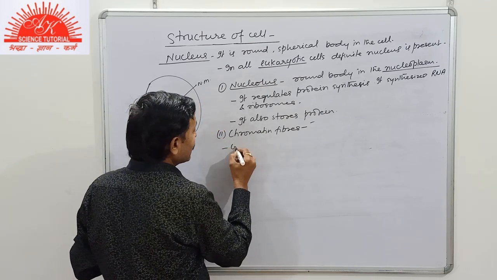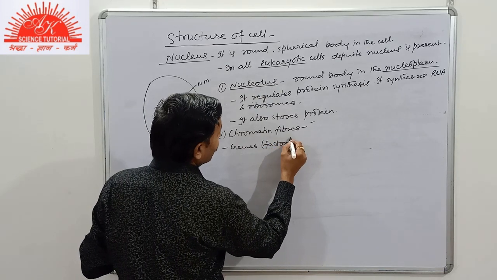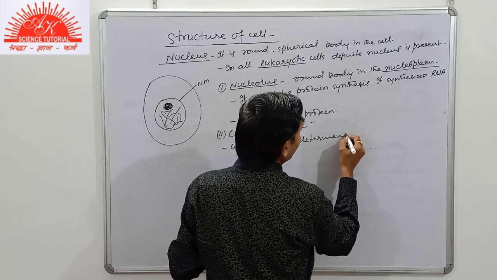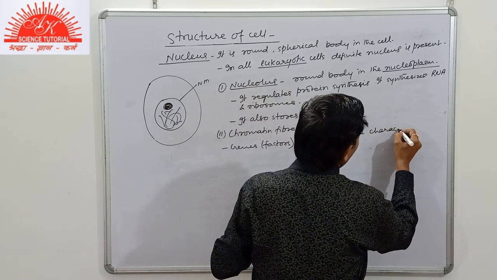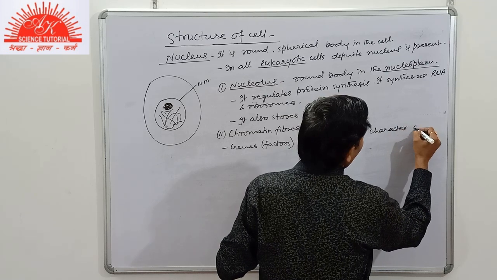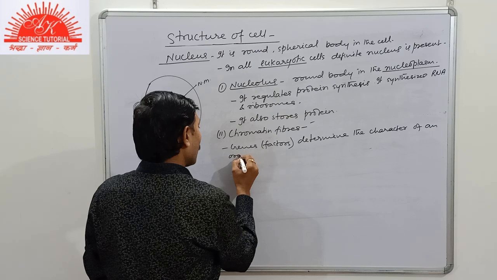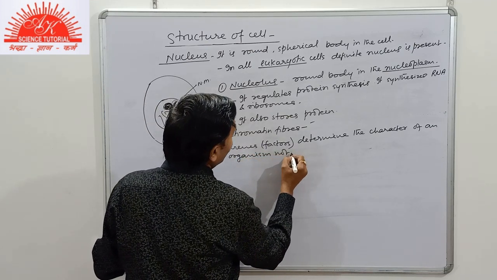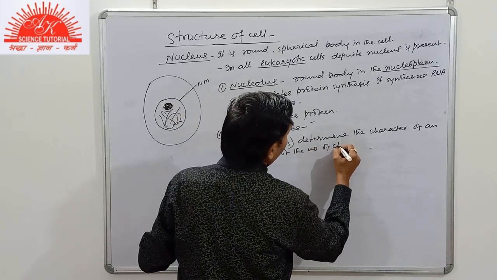So genes, also called factors by Mendel, determine the character of an organism, not the number of chromosomes.